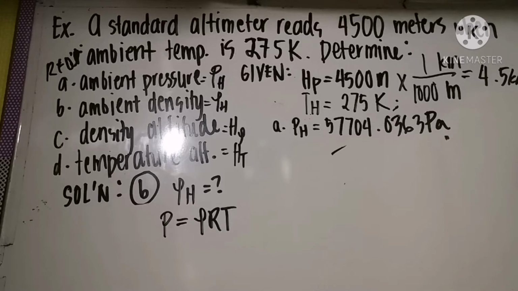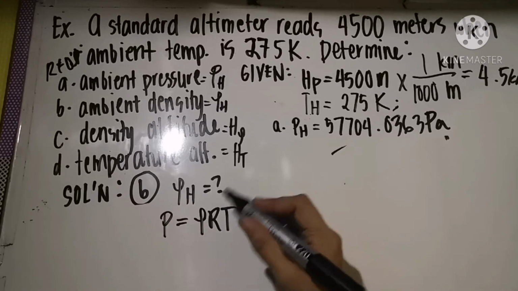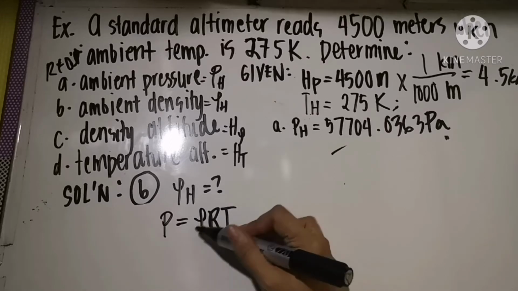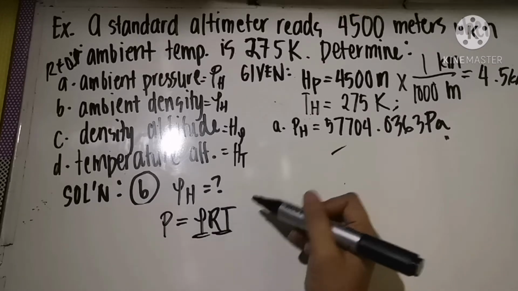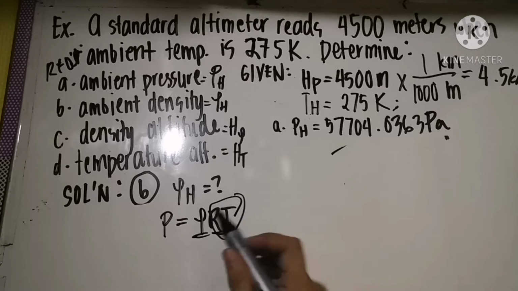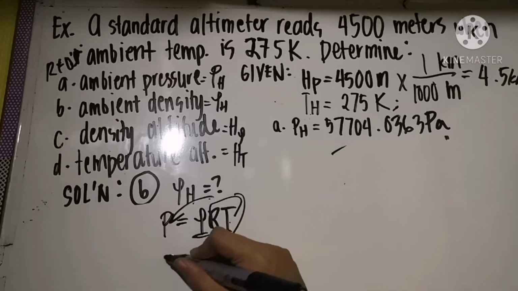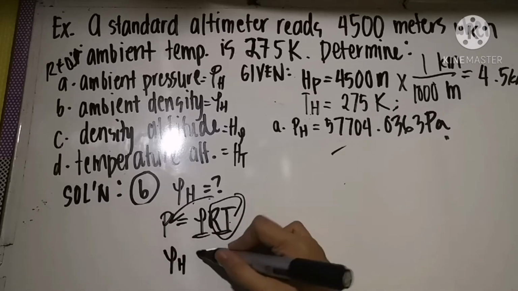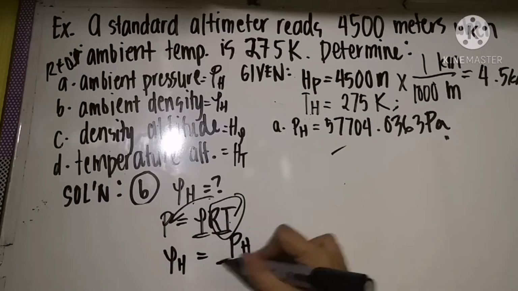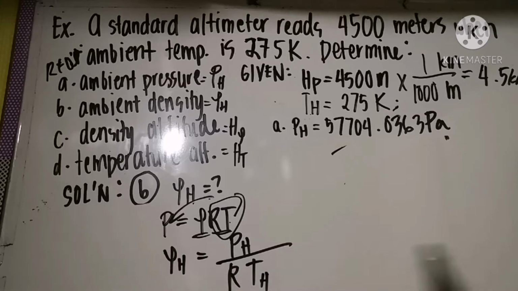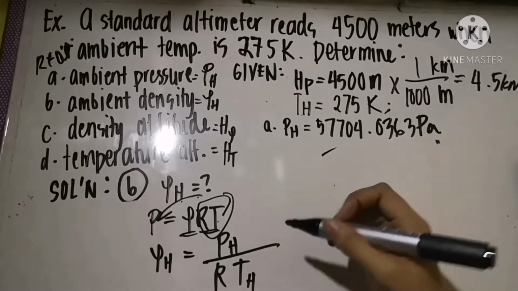So, let's see. Ang formula mo for ambient density would be isolate lang yung density, ilipat tong specific gas constant and temperature. So, magiging formula mo ay P over specific gas constant times T. So, this will be your formula. So, ilagay na lang natin dito.